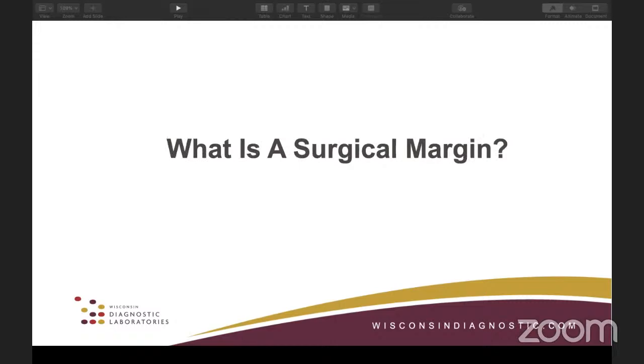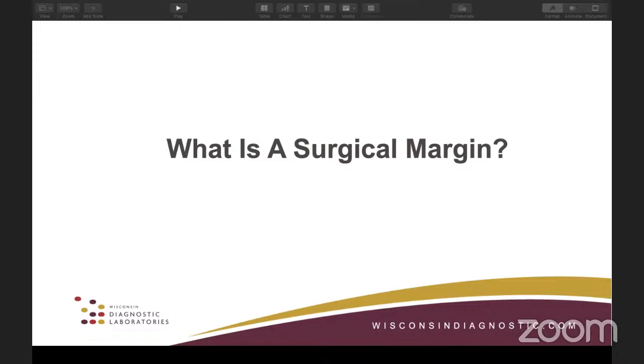All right, so the first concept we're going to talk about is margins. And I think this is one of the most important. So the question is then, what is a surgical margin? I think the simplest definition is, this is where the tissue is cut away during surgery from the normal tissue that's left behind, and that's the surgical margin.